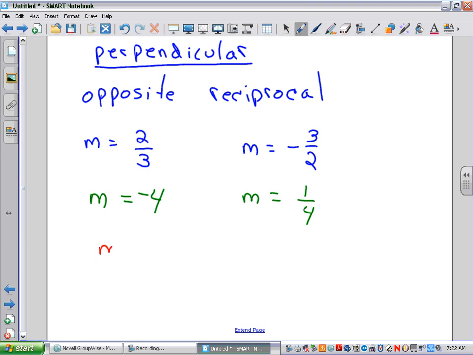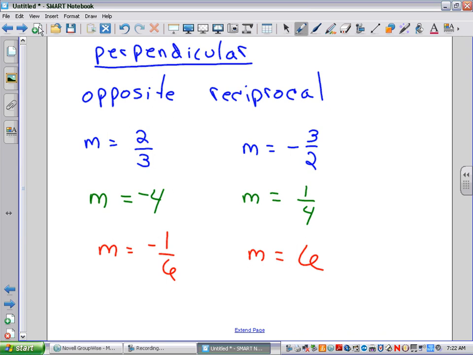How about a slope of -1/6? Well, my perpendicular slope would be opposite, which goes to positive. And what's the reciprocal of 1 over 6? That'd be +6. So all of those slopes are perpendicular.